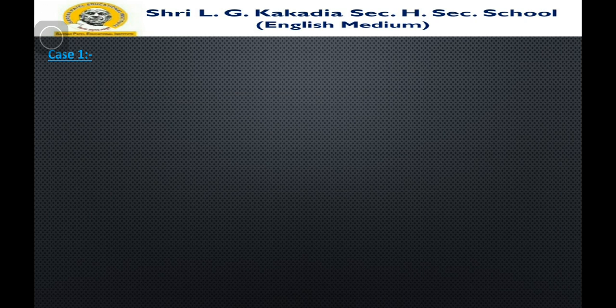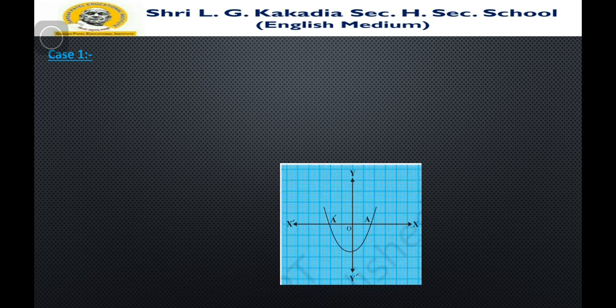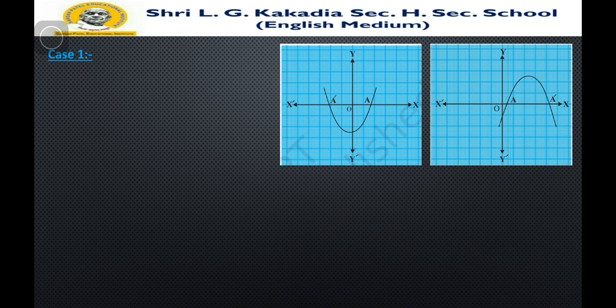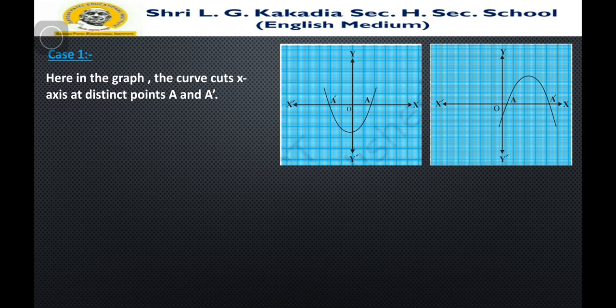In case 1, you can see two types of graph, upwards and downwards. You can see that the graph intersects the x-axis at two points. So we can say that the curve cuts the x-axis at distinct points a and a dash.